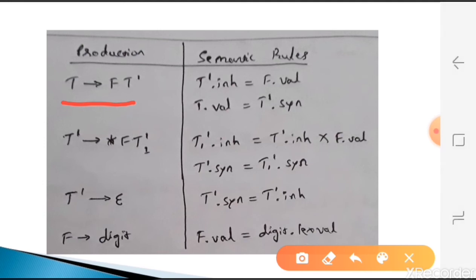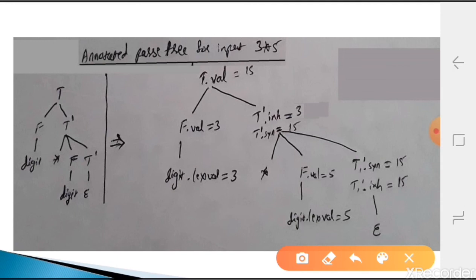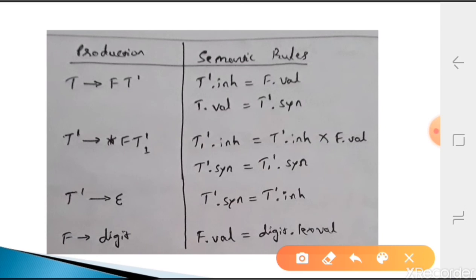So it has T'.inh, and T'.inh equals F.val. So here we have the T' production rule, then the T.val rule.